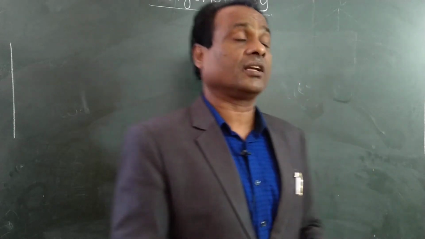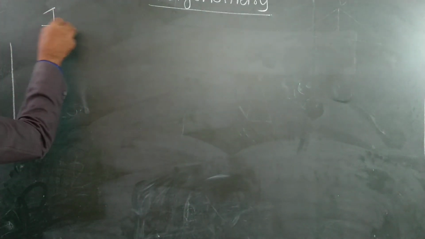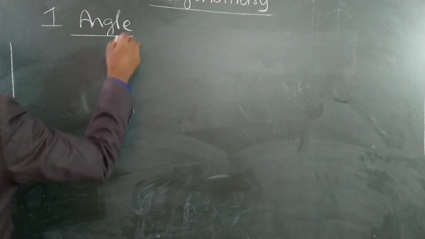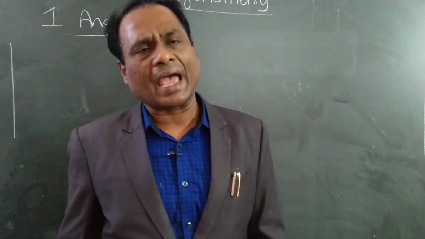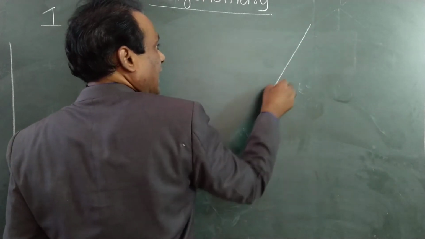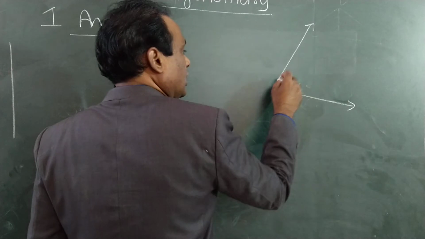First, let me discuss angle, which you have studied in the lower classes, even from 6th class onwards. See here. This is a ray and this is also a ray.